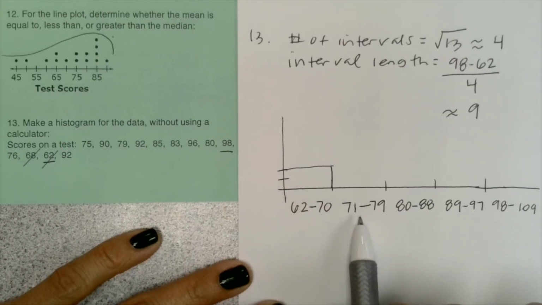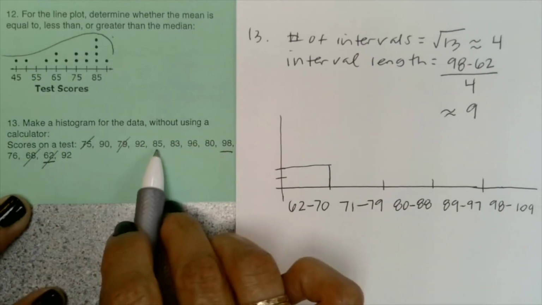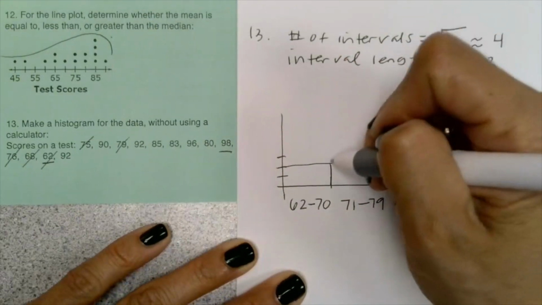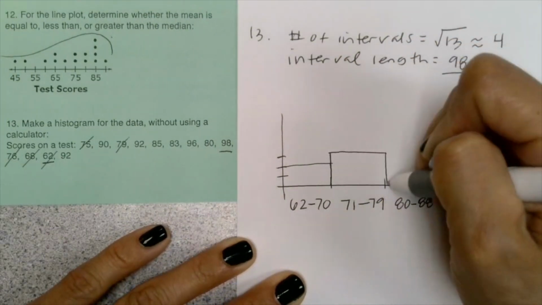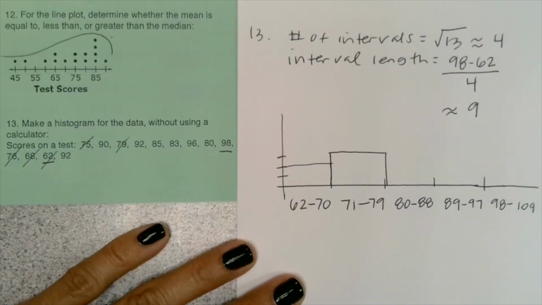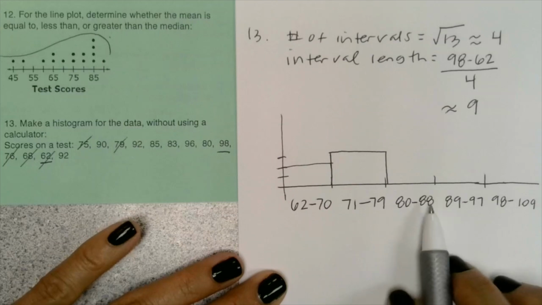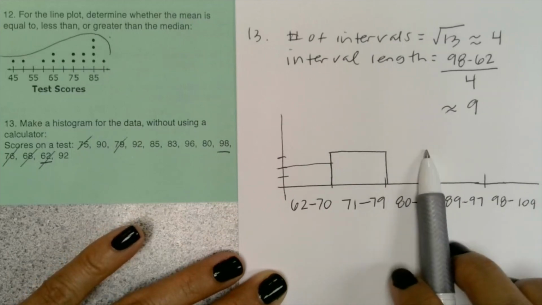Then we'll keep going and look for all values that are between 71 and 79. So there's 3 different values that were in that interval, so we'll go up 3 with the box, and then we'll do the same for the rest of them. So we're going to keep counting how many values are falling in the interval, and then that's how high your boxes will go.